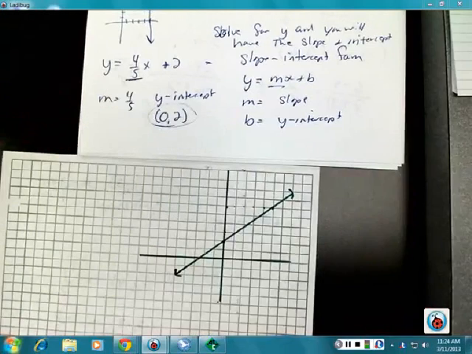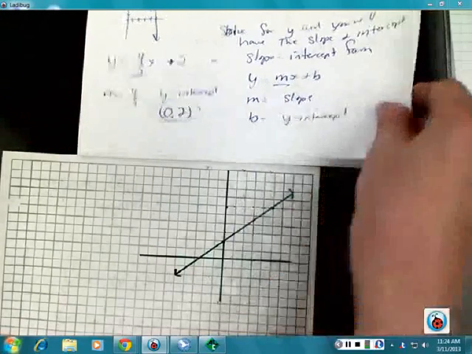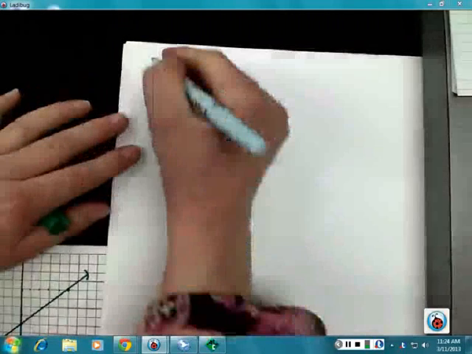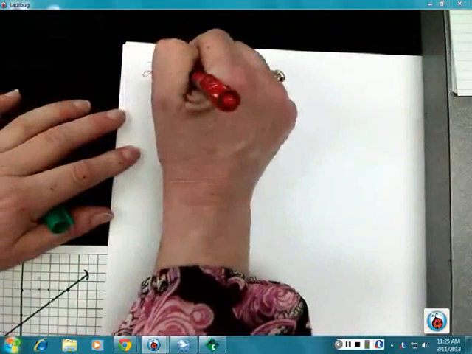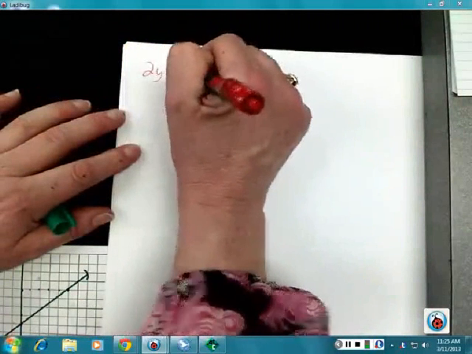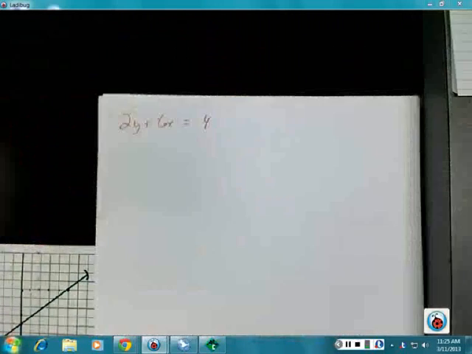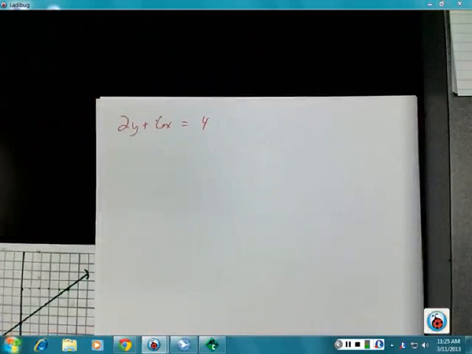So we better do one of those where we're going to solve for y and see what happens. Find an example. Okay, 2y plus 6x equals 4. Not in the right format because we don't have y all by itself.